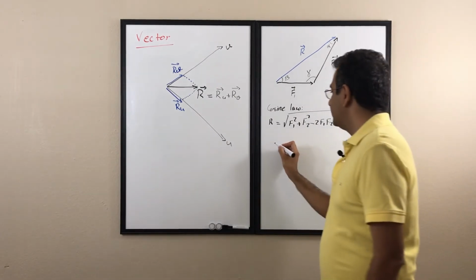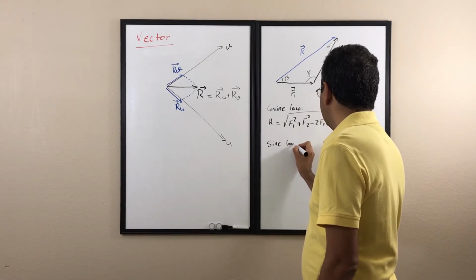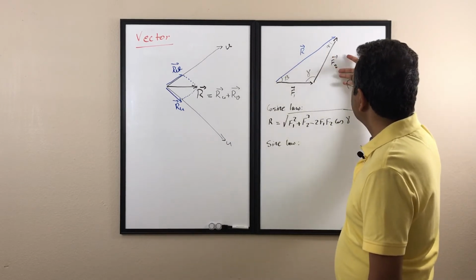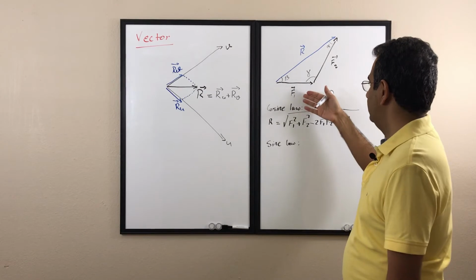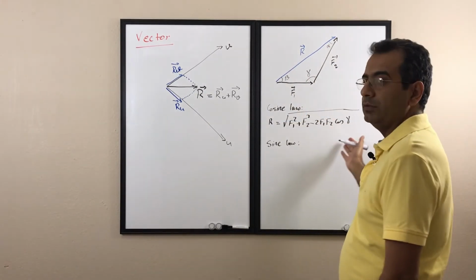The other one is the sine law, which says that the magnitude of each vector divided by the sine of the opposite angle is equal to each other.